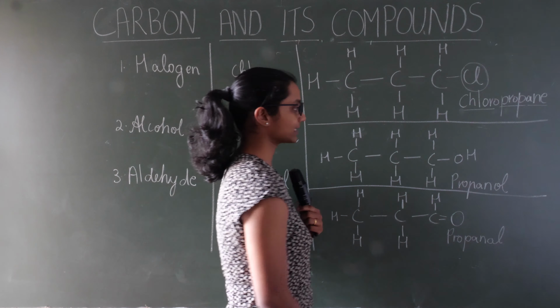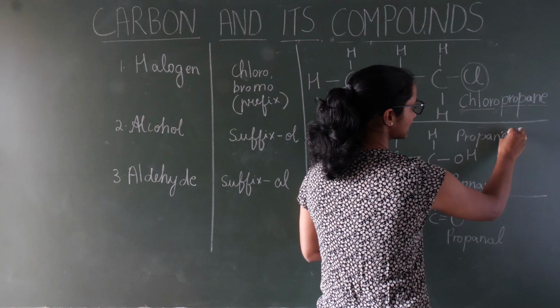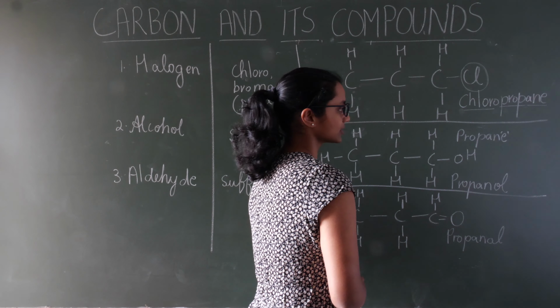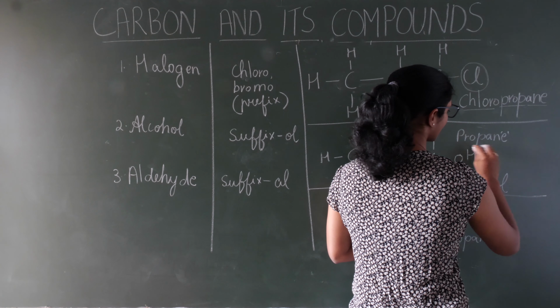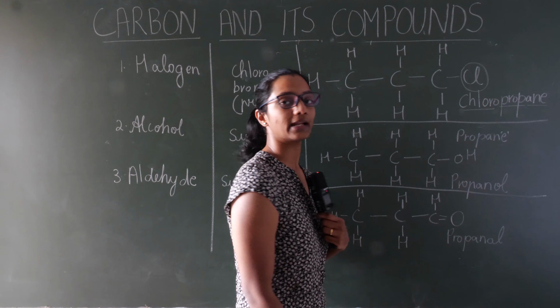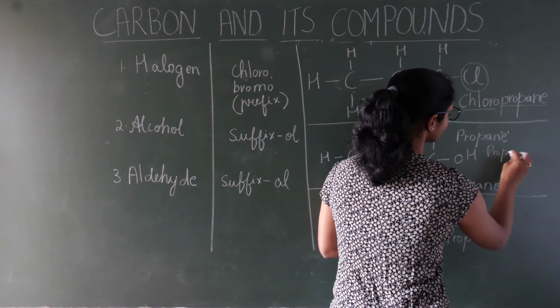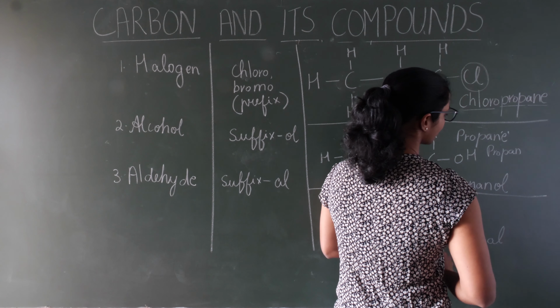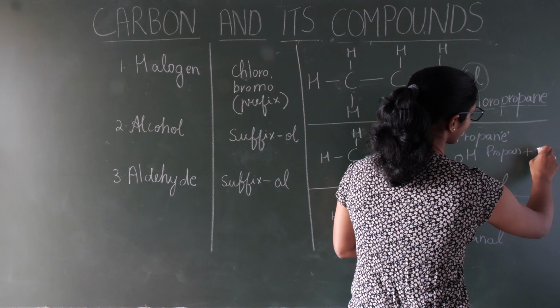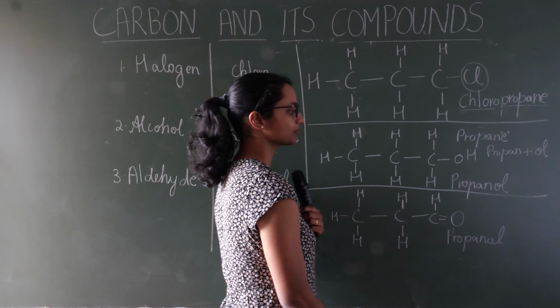So it is actually propane, just remove this E letter from it. I will eliminate this last letter from it. So it's propan plus alcohol OL attached to it. So it's nothing but propanol.